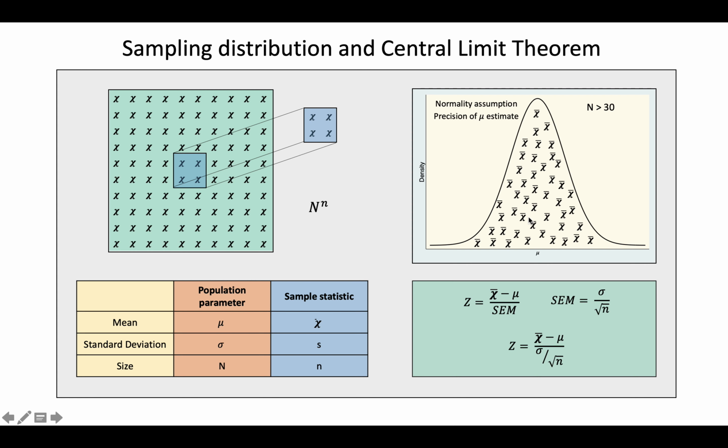So this is why the central limit theorem, when we got enough sample size, we say that the population parameters for the mean, for the standard deviation, and for the size are the mu, the sigma, and the capital N. So this is what we are actually interested in, but we don't have these actual values.